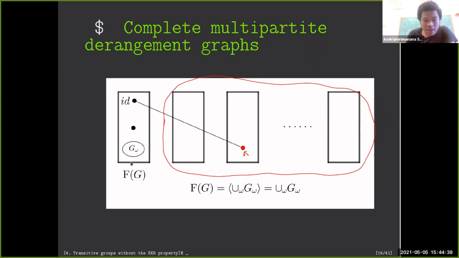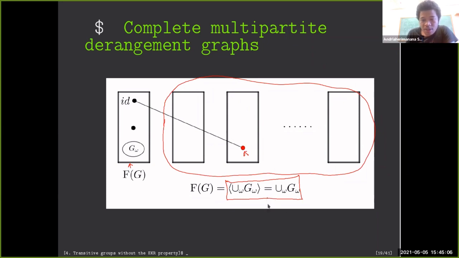And well, if we call this part that contains the identity Fg, then in fact, what we can prove is that Fg is exactly the subgroup generated by the permutations that have at least one fixed point. And this holds if and only if our derangement graph is a complete multipartite graph.